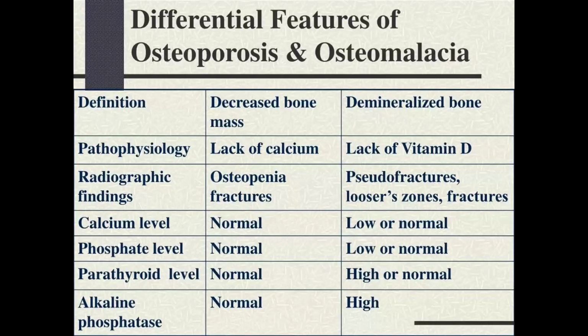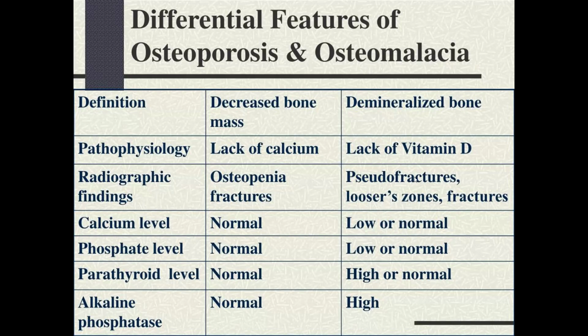Differential features of osteoporosis and osteomalacia. Osteomalacia is demineralized bone. Osteoporosis is decreased bone mass. This one is lack of calcium and lack of vitamin D in osteomalacia. You can have osteopenia and fractures.